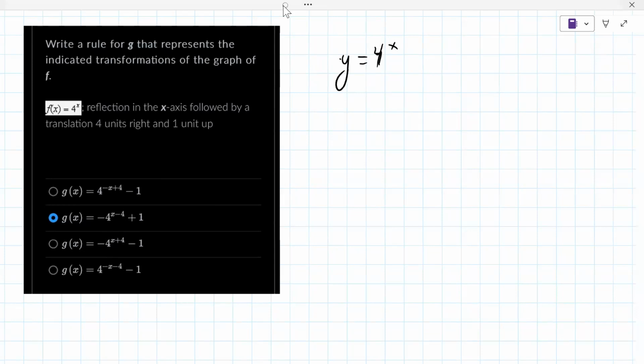Now, the 1 unit up is probably the one that's the easiest to distinguish here. I think that's how you figured that out, maybe. This is 4 units, right? But that's kind of the giveaway on that one.